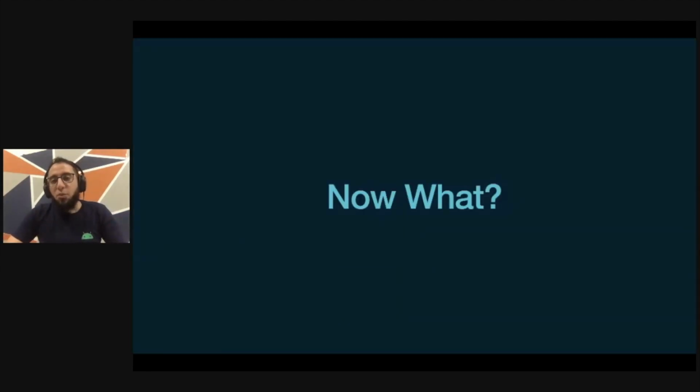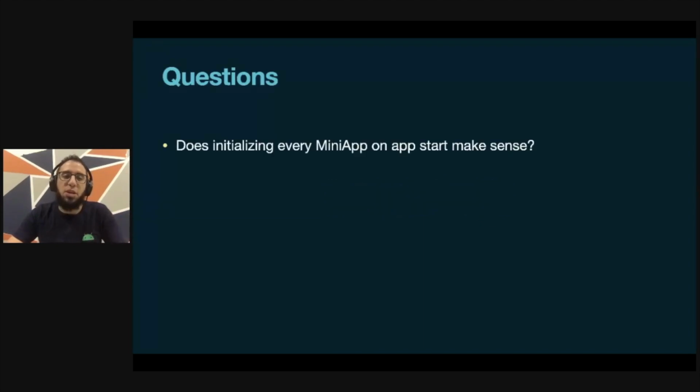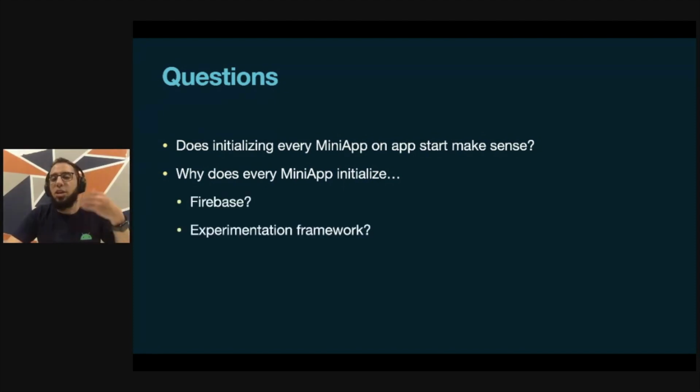So okay, great. Now what? We've tamed our dependencies. We've taken a look at whatever conflicting resources are there, and we've helped to rename these. What are some of the other things that we need to do? Let's ask a set of questions. Does initializing every mini app on start make sense, especially when we're always trying to optimize the application start time? And speaking of initialization, why would every mini app come in and initialize, say, Firebase or the experimentation framework or analytics providers?